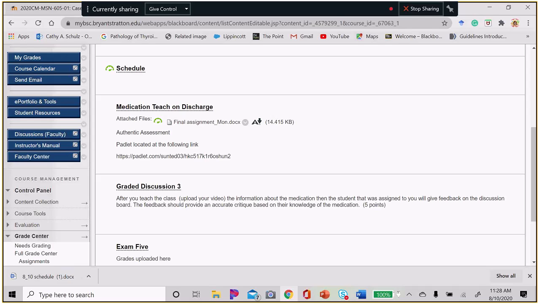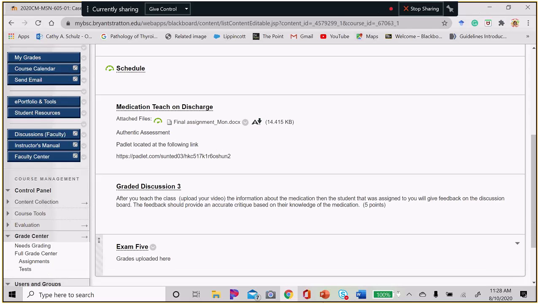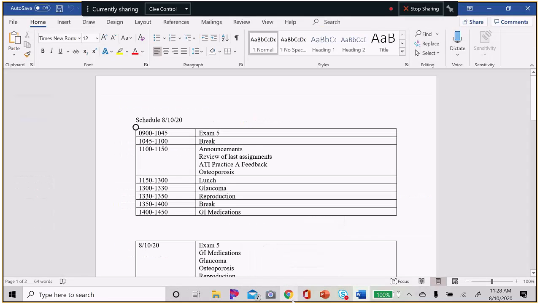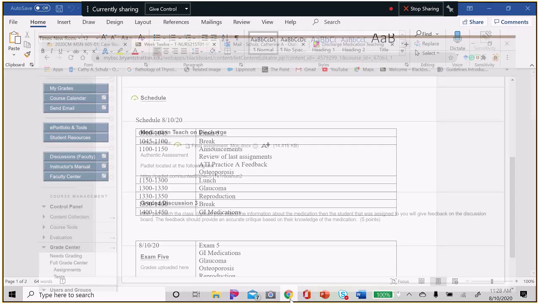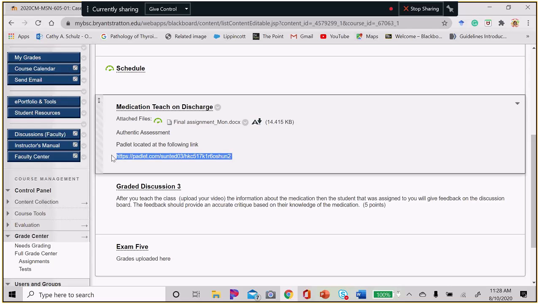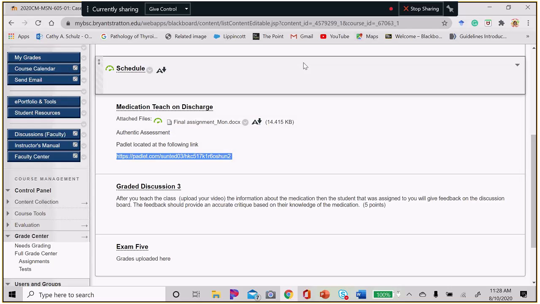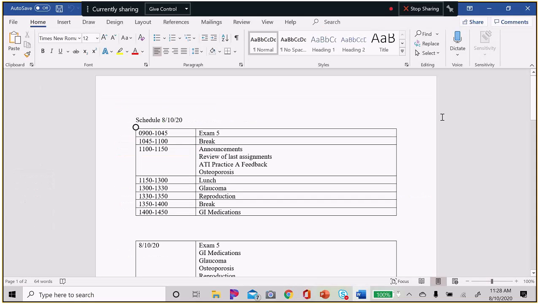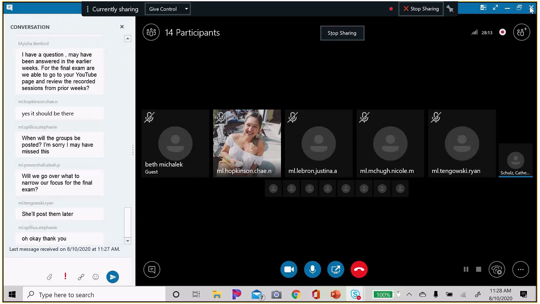So you'll see there's a little link here for Padlet. Just go to that there. There we go.